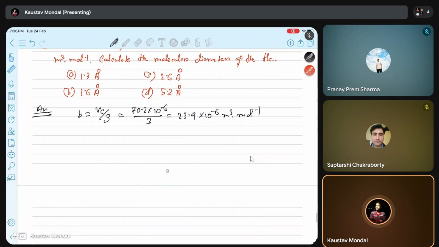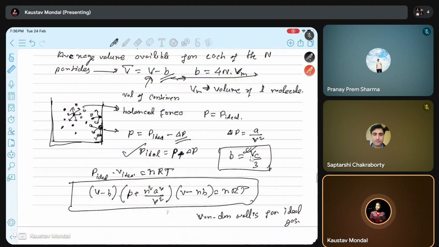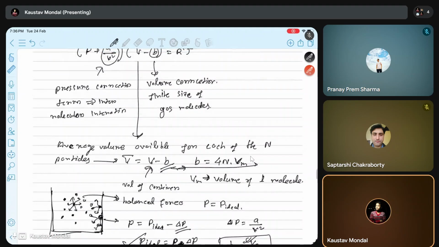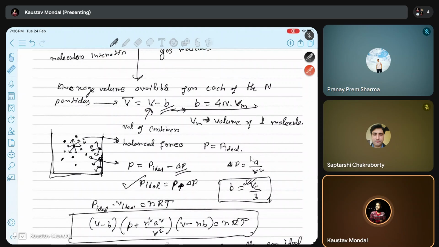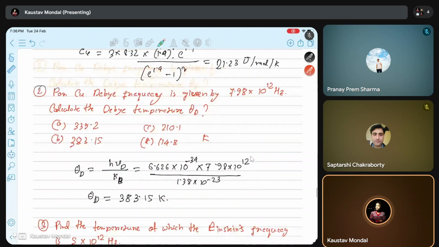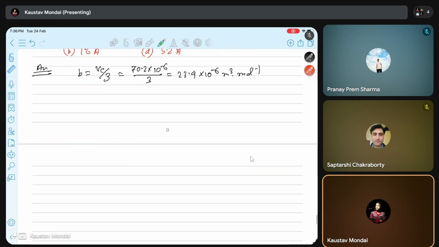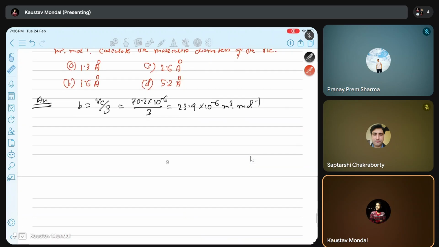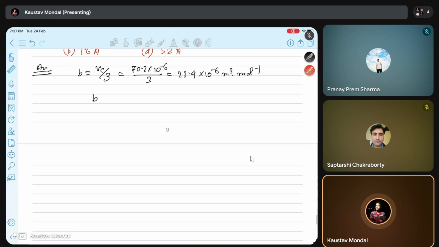And you have also discussed the co-volume is related to the volume of each molecule, right? So b is basically related to 4 into n into Vm, where Vm is the volume of a single molecule. For n mole of gas, n mole contains n into Na number of molecules, so b is 4 into n into Na into Vm.